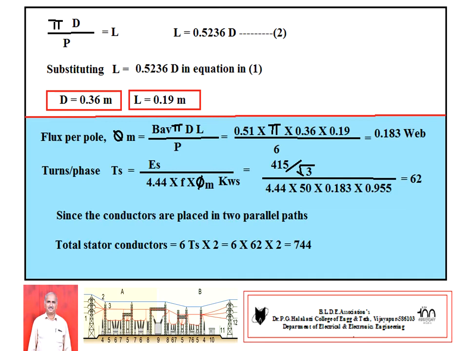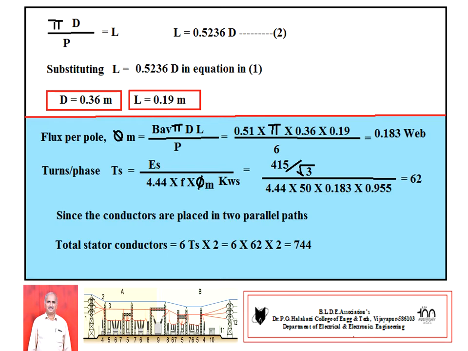One important point you have to observe: if they are not giving any parallel paths, then it is as in the previous problems we solved. In this problem particularly, the conductors are placed in two parallel paths. That means the number of parallel paths is 2. Hence the total stator conductors equals, as usual, 6 times Ts into 2.